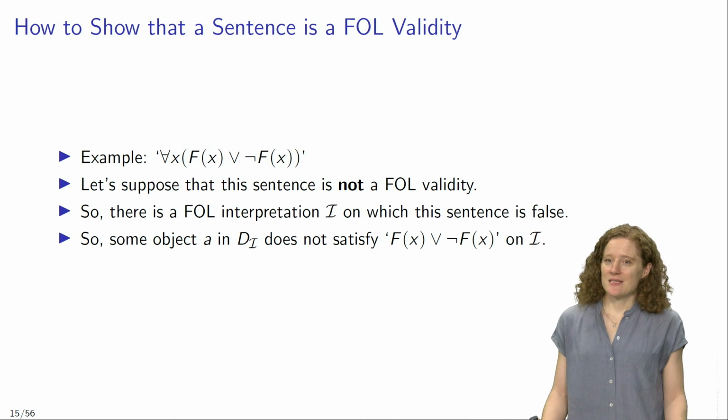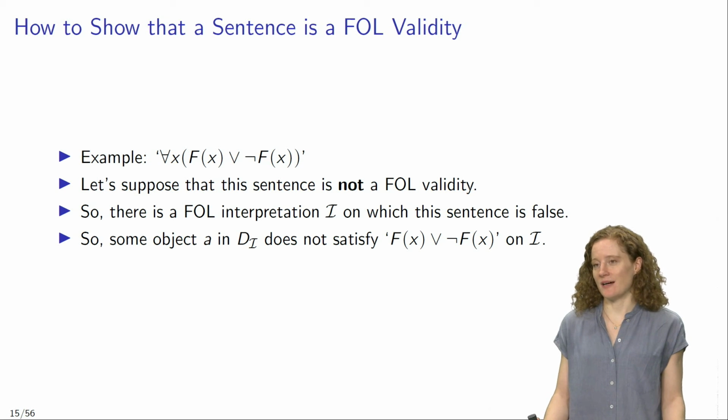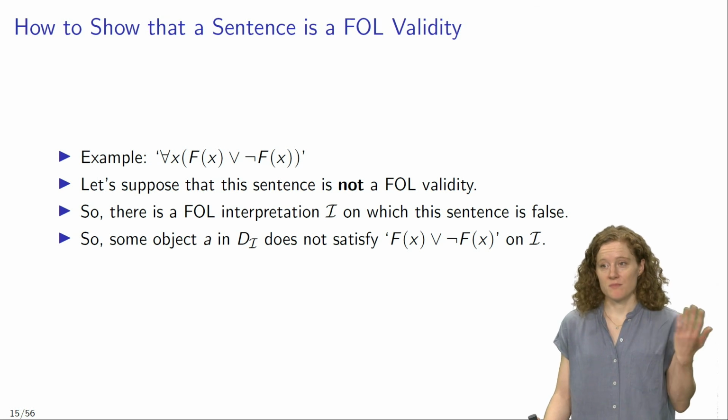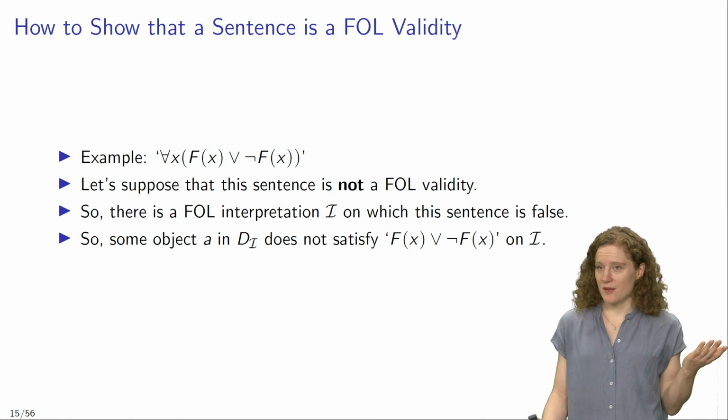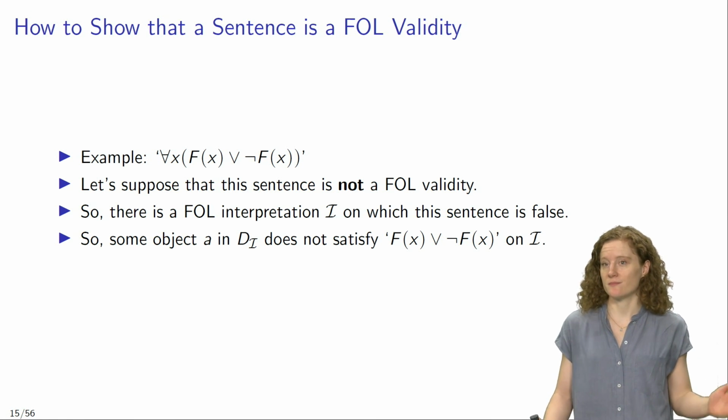And what that means is that some object A in the domain of I does not satisfy the open formula Fx or not Fx on I. Since if every object in the domain of I satisfied this open formula, then the given quantified sentence would be true on that interpretation.